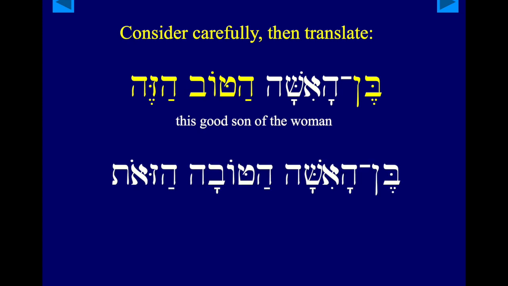Here's another example. Some ambiguity here. Ben ha'isha ha'tova hazot, the son of the woman. It's exactly the same phrase as above, but now we have ha'tova hazot, the feminine singular adjective and the feminine singular demonstrative. Well, that's going to be the son of this good woman, because all those are feminine singular.